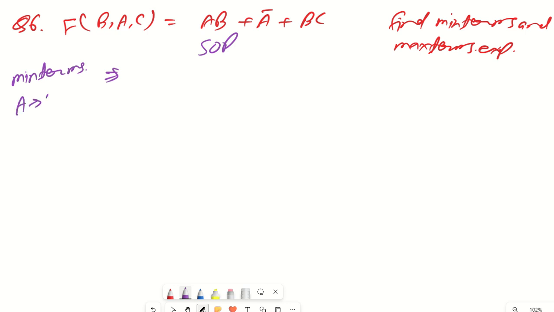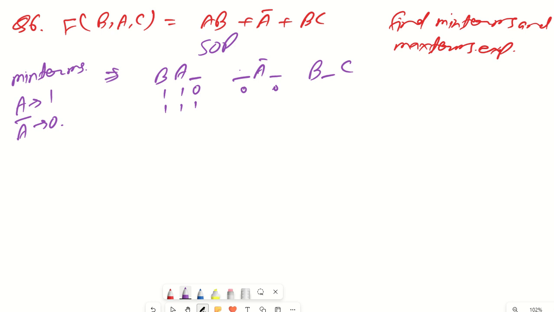So my A will be 1 and A bar will be 0. Got it? Then I have BAC, so I'll put it, BAC is missing. Then we have B is missing, A bar C is missing actually. Then in the third term we have B, A is missing and C. Now we can quickly put 0 1, then it is 1 1 1 1.